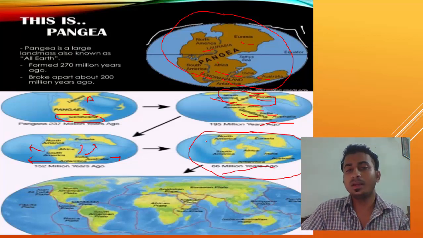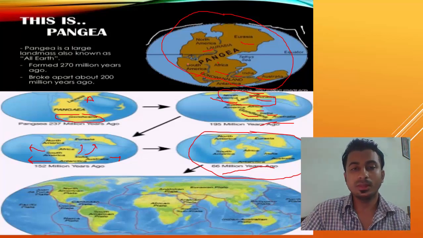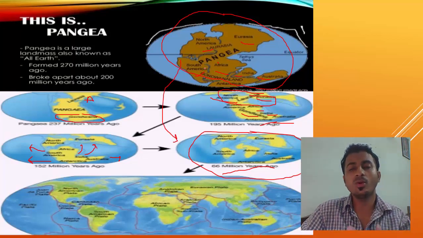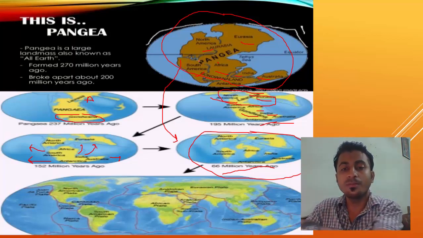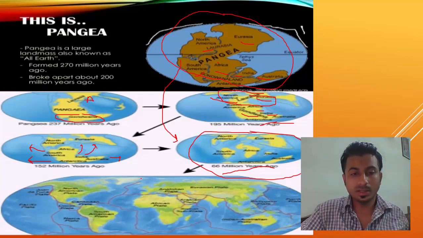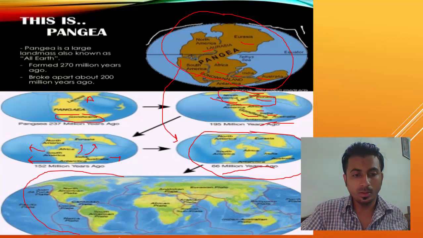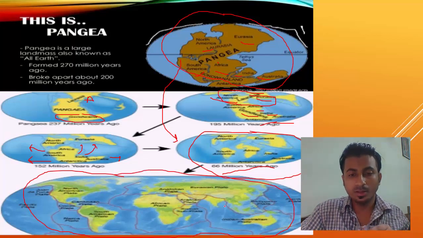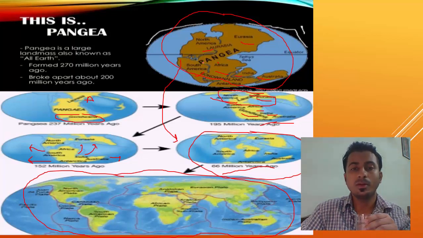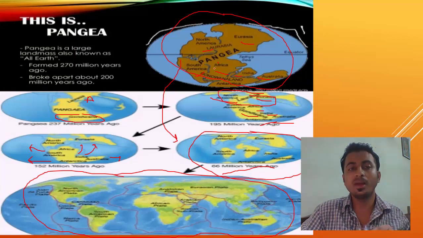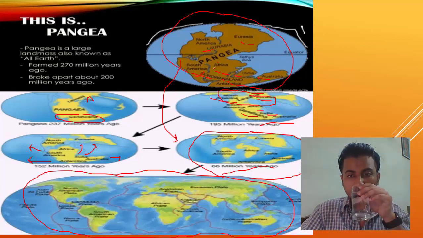So now you can easily relate how we went from this orientation to this orientation. Slowly continents were moving. You can look, this is the perfect globe or map representation of today's world. See, all countries are where we are today. So we have come from this to this by continental drift theory, which is moved by convective magma currents.